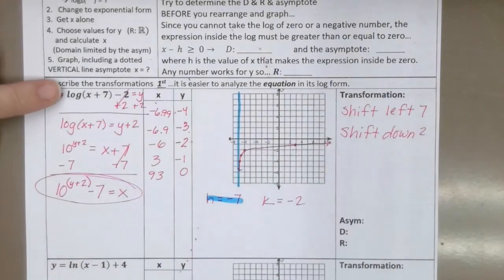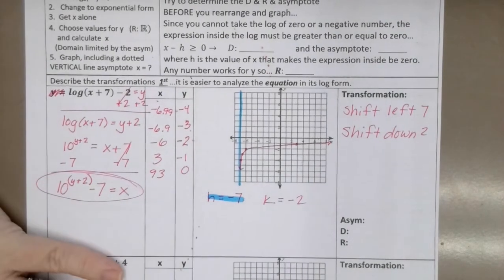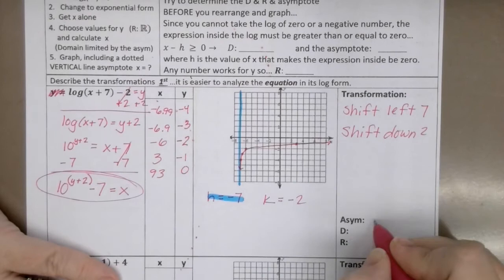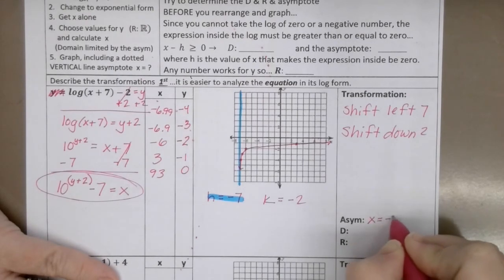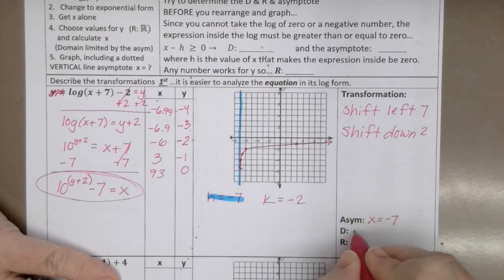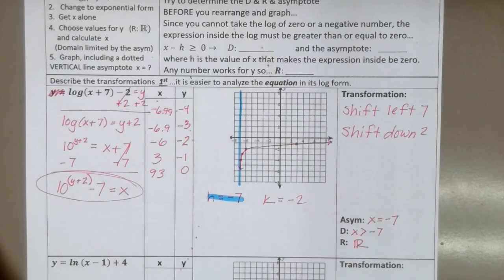And there was nothing in front of the log to begin with, so there was no a change at all, no vertical stretch, compression, reflection, any of that stuff. What's my asymptote? X equals -7. What's my domain? X is greater than -7, and my range? All real numbers. Piece of cake?